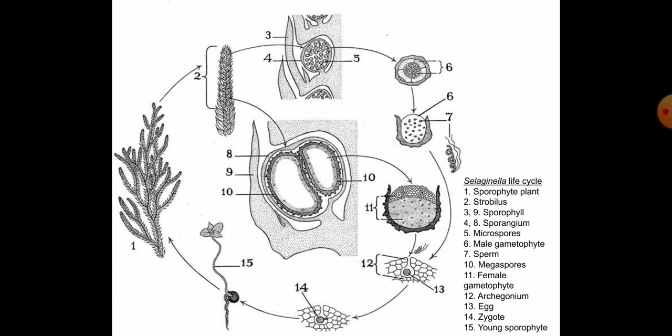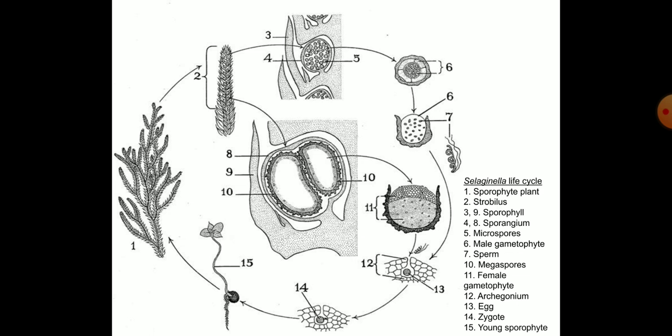The tenth is a megaspore, the 11th the female gametophyte, the 12th the archegonium, the 13th the egg cell, the 14th the zygote, and the 15th the young sporophyte. There are 15 different stages.